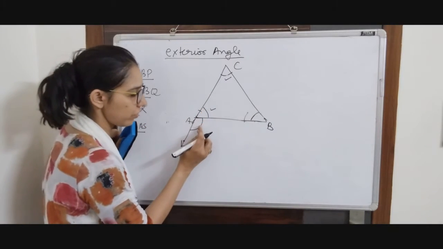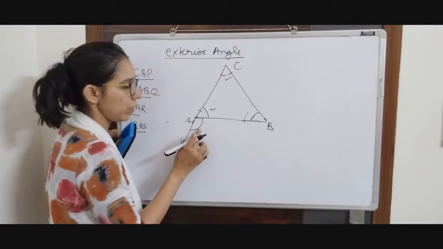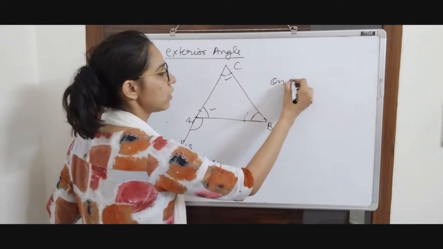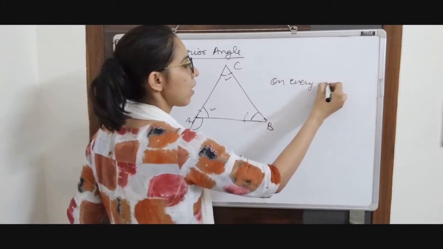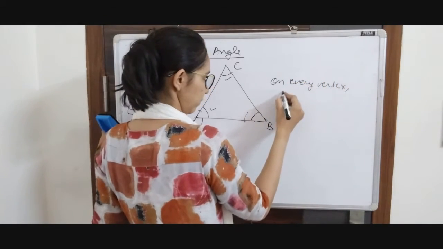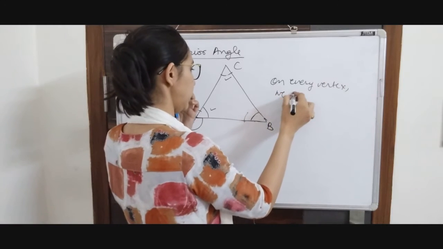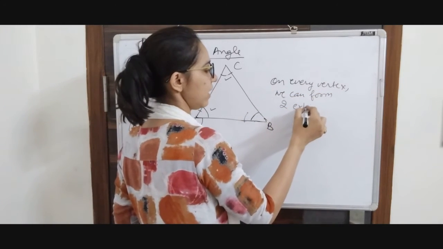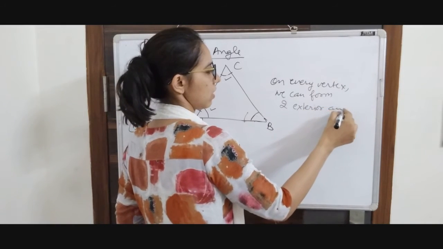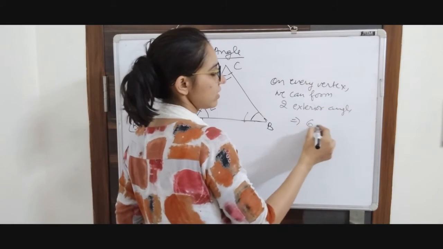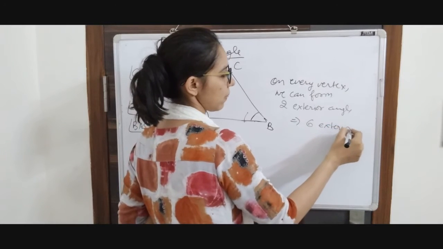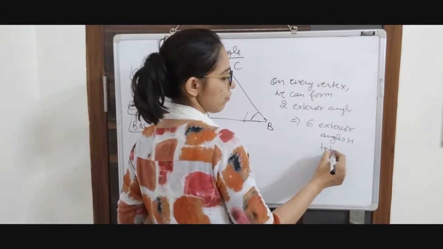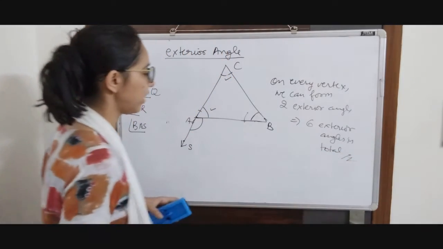This angle will be adjacent to it, and these two angles are opposite to this angle. So on every vertex we can form two exterior angles, which implies 6 exterior angles in total in any triangle.